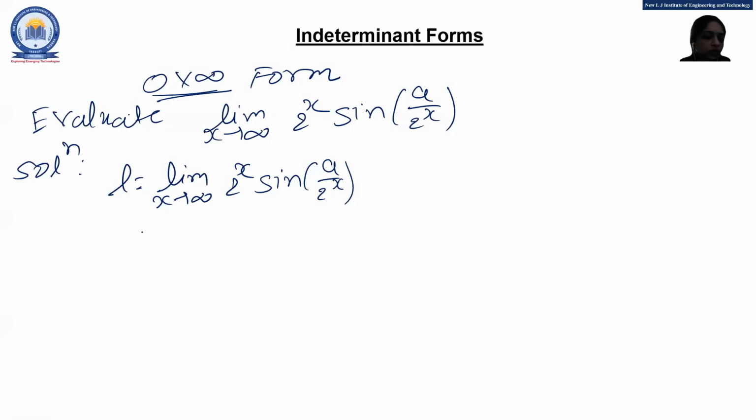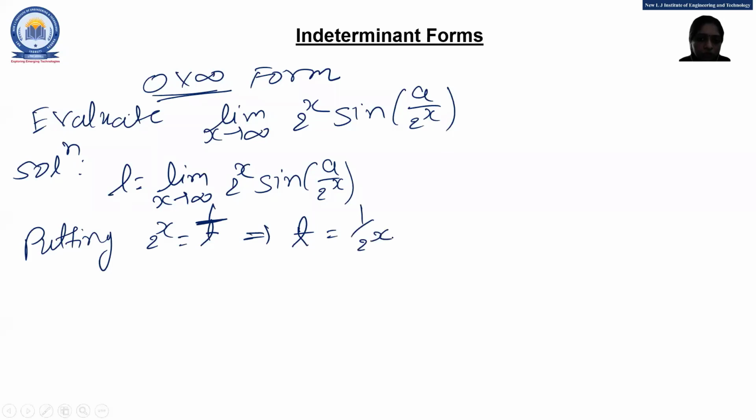For the solution of this example, I put 2 raised to x equal to 1 by t, which means t is equal to 1 upon 2 raised to x, right? See carefully, if x tends to infinity, then 2 raised to x also tends to infinity, and then t tends to 0.